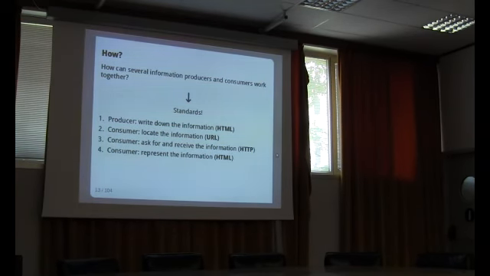The third part is HTTP, which is a set of rules, in other words, a protocol that says how to ask for information available in the web, so how to ask for web documents and how to provide these documents, and from another point of view, how to receive these documents.